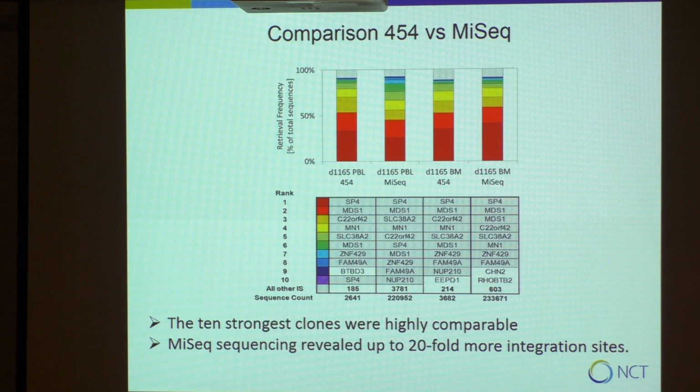Another example, for sure, if one switches from the 454 to the MiSeq, with the MiSeq one has the opportunity to saturate the sequencing, which then allows us also, you see a direct comparison here, 454 MiSeq, 454 MiSeq, also from patient samples, but the 10 strongest clones here underlined in blue are really the same, but the total number is quite different, so we find up to 20-fold more integration sites in our peripheral blood sample compared to the 454 with lower sequencing reads.